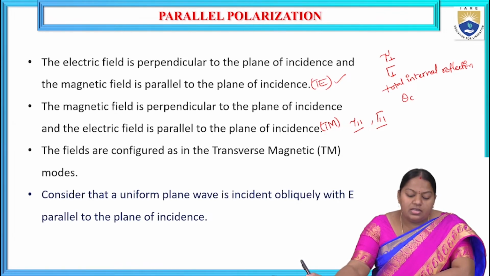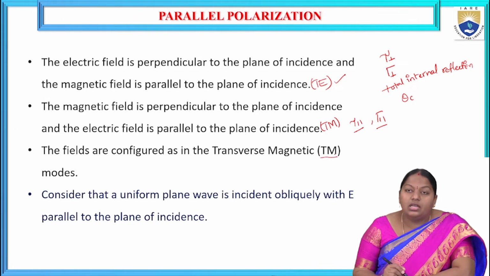Now, in this particular lecture, the magnetic field is perpendicular to the plane of incidence and the electric field is parallel to the plane of incidence. The fields are configured as in the transverse magnetic modes. TM stands for transverse magnetic, whereas TE gives us transverse electric. Transverse electric waves come under perpendicular polarization, whereas TM waves or modes are described in parallel polarization.